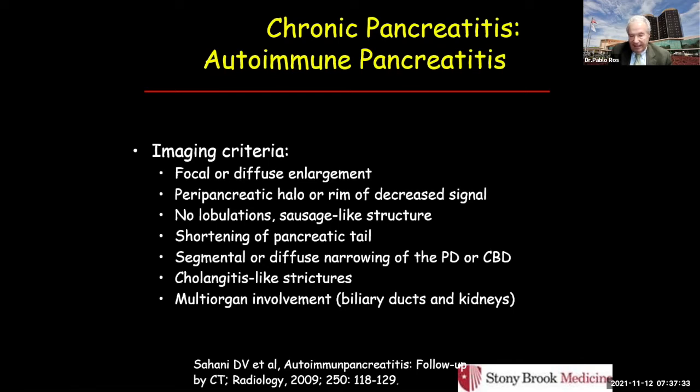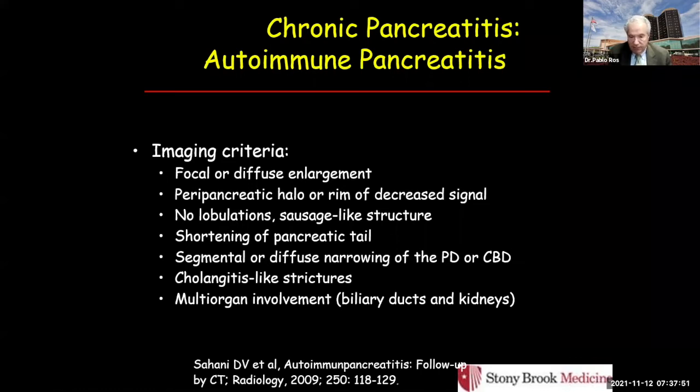And then in the biliary tree, autoimmune pancreatitis, which some people also think is autoimmune cholangiopancreatitis, may have cholangitis-like strictures. Again, it can involve even a third organ, not only the biliary tree, but also the kidneys.